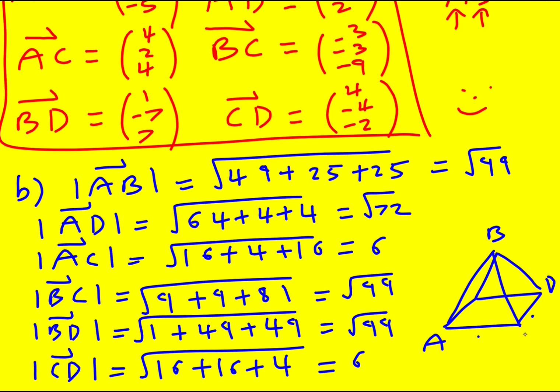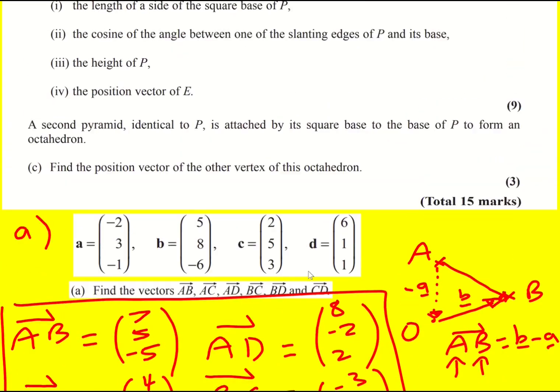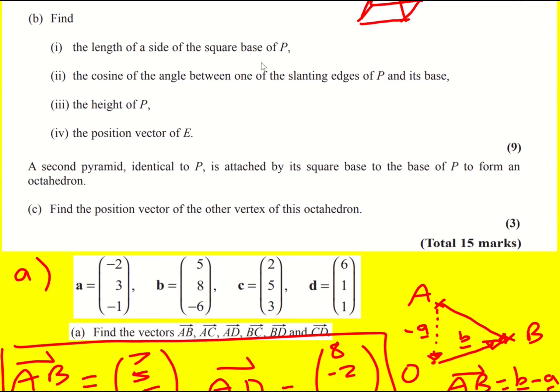So I can put C here, and then this one here will be the missing one, so this one's going to be point E. Okay, I don't think it matters. We could swap those two around if we wanted to, because it would just be like rotating the pyramid. So that's absolutely vital. And we've also answered part 1 to this question, which was the length of a side of the square base of P is going to be 6.